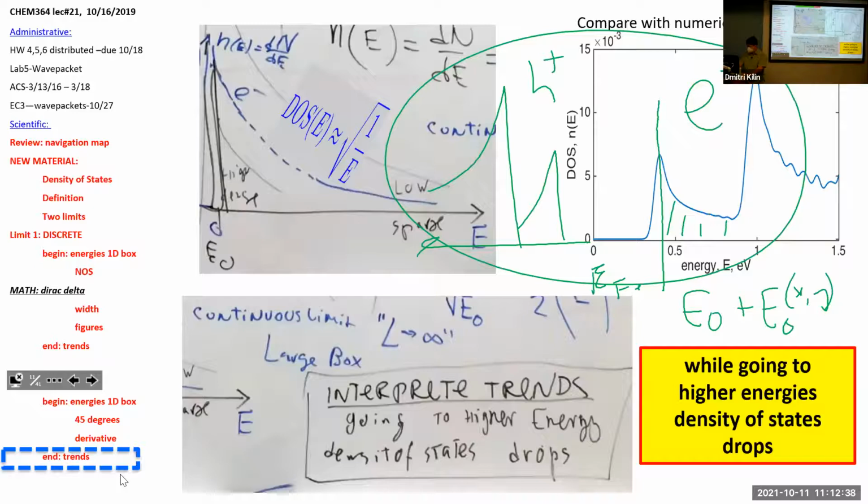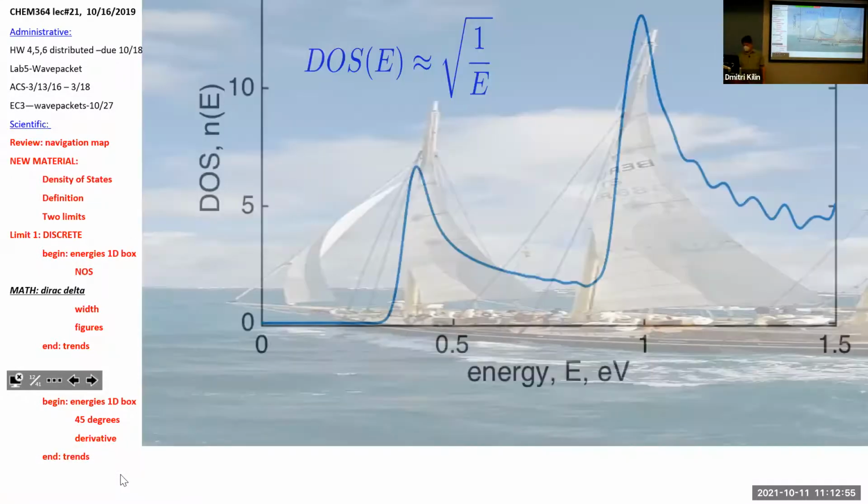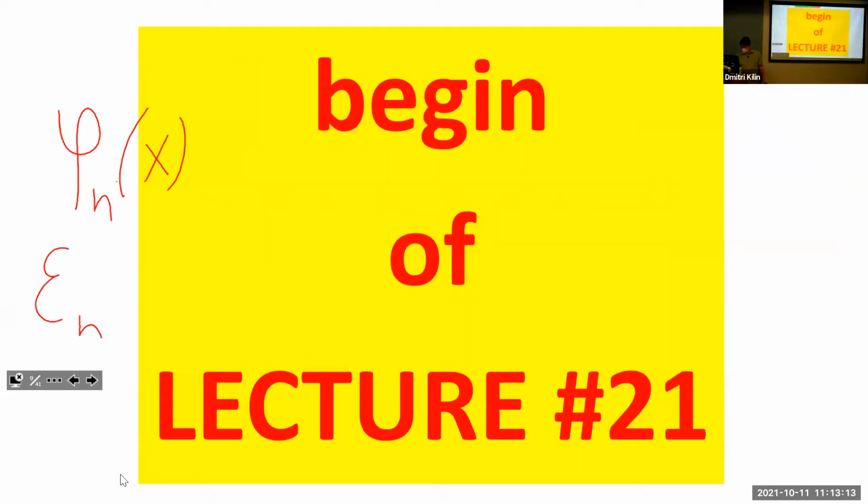So I will be very happy if, it's not if, when we arrive at the equation that looks like 1 over square root of energy, and we will be able to overlay this function with the sail on a yacht. So in some sense, it is my goal. And I invite you to invest your attention in finding a connection between this image and the concept of particle in the box.